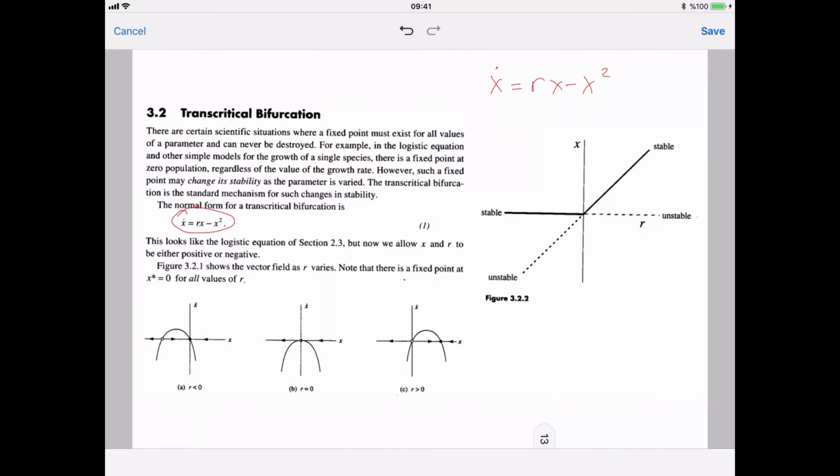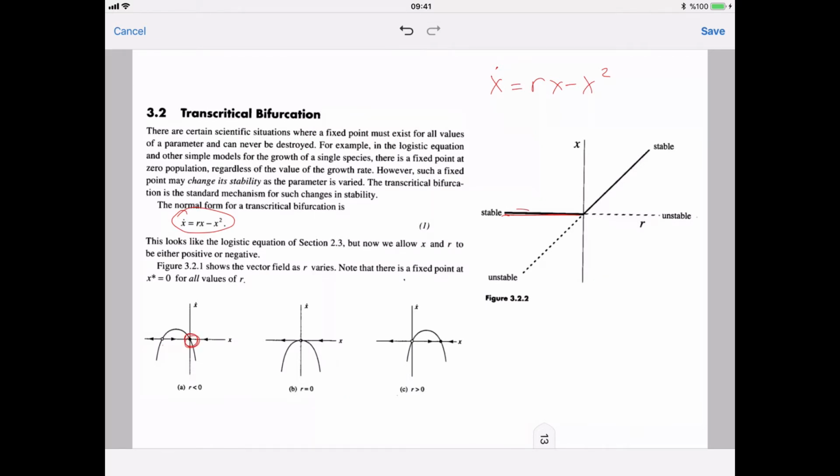For example, over here, what happens if r is smaller than 0? You have unstable and stable node. The stable node is there until it is changed to an unstable one. So you see the stable point over here?